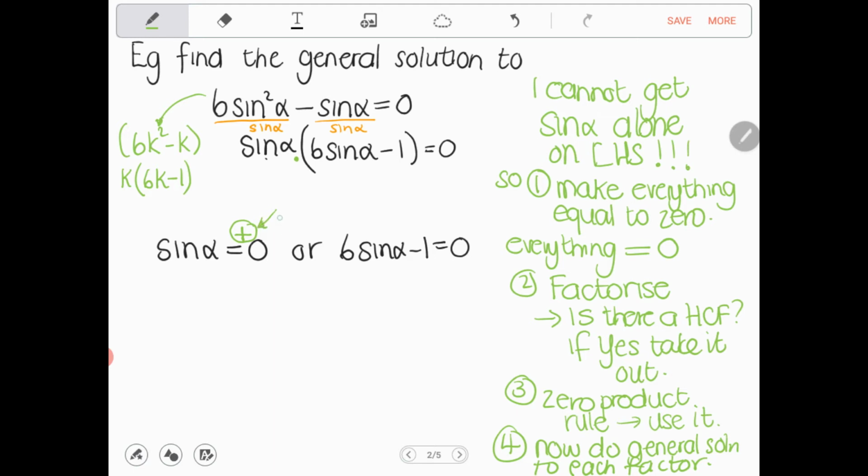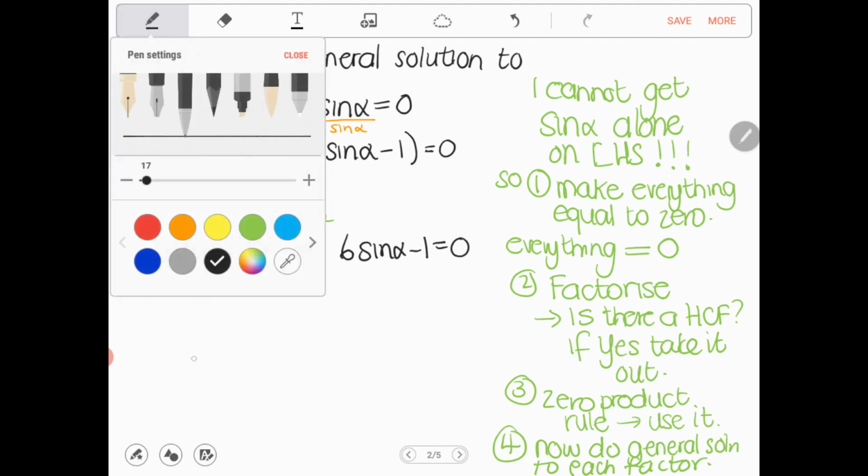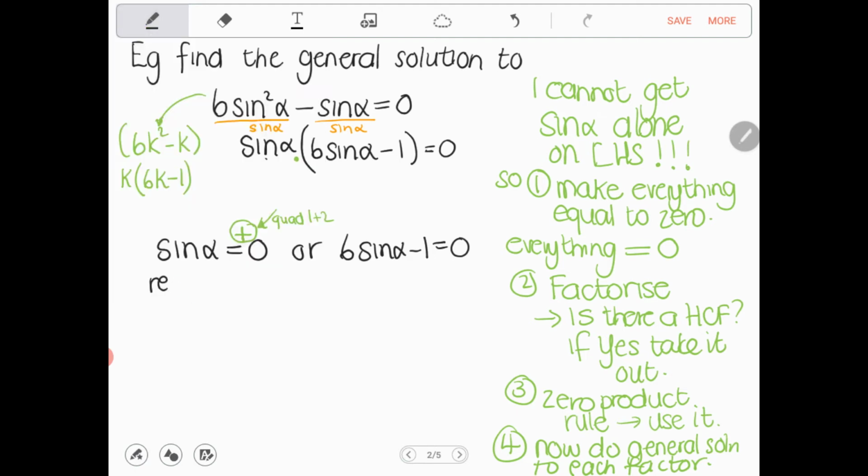So we're working in quadrants 1 and 2. And then we find our reference angle. Alpha is going to be equal to sine inverse of 0. So my reference angle is going to be 0 degrees.